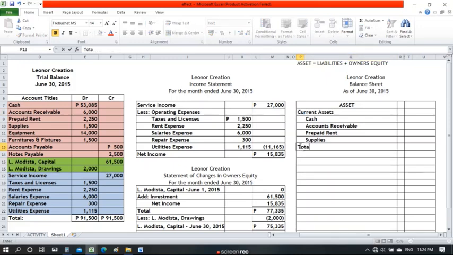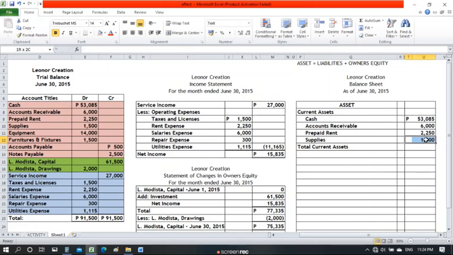And this will give us a total amount for the current assets. Okay. So let's write the amount for each of the accounts. Don't forget to write the peso sign in your first amount, which is the cash. So 53,085, and then accounts receivable 6,000, prepaid rent 2,250, supplies is 1,500.